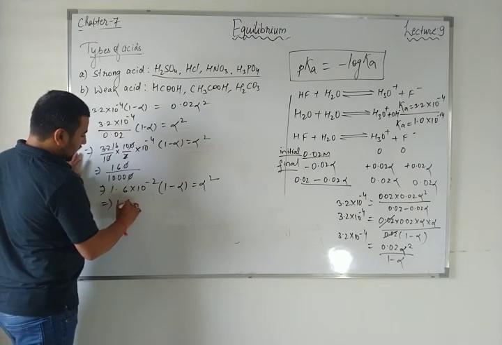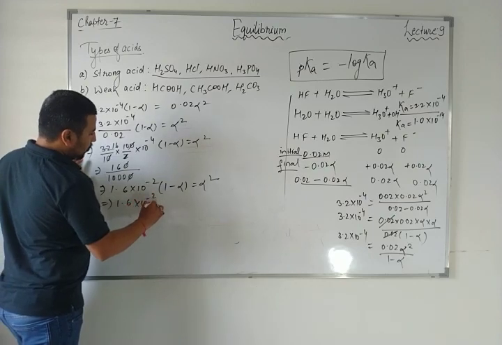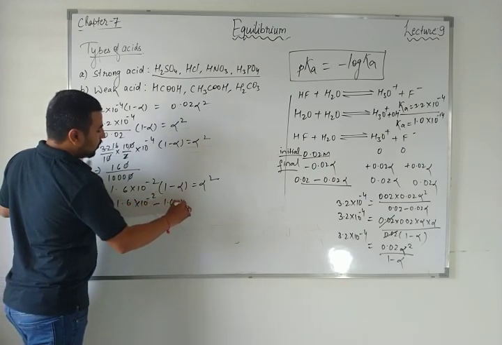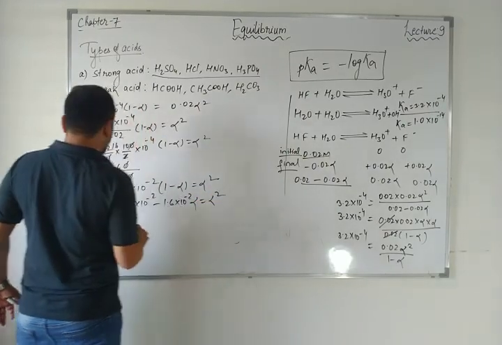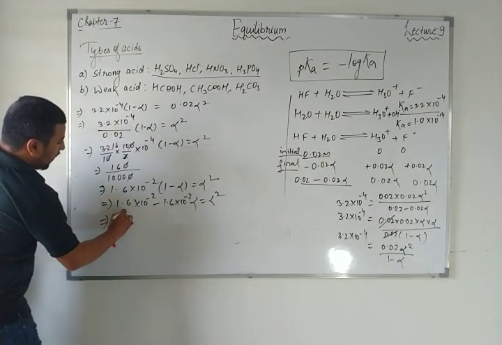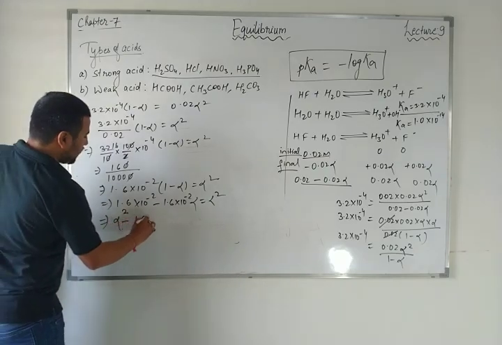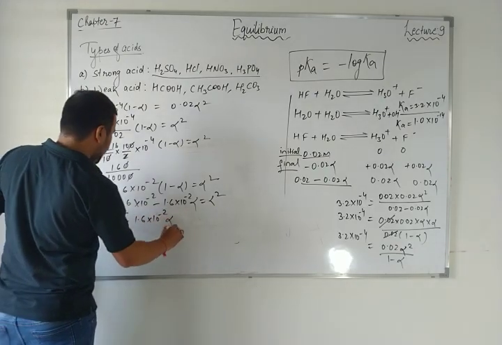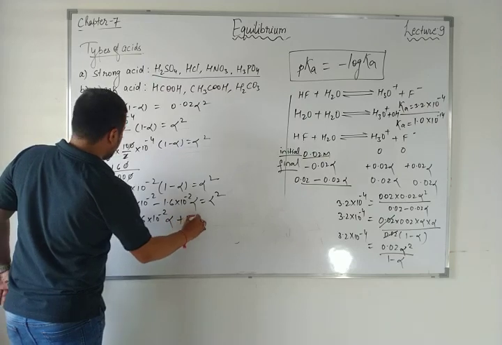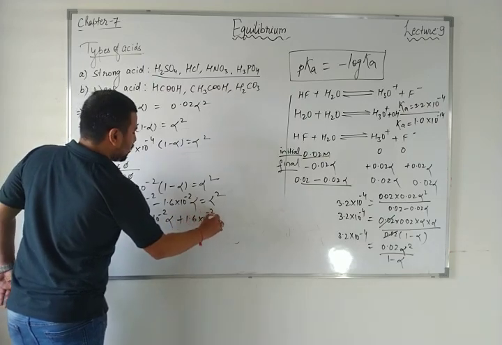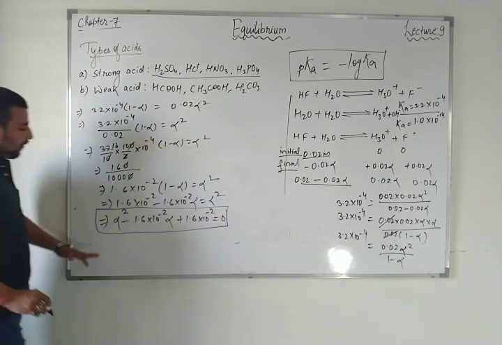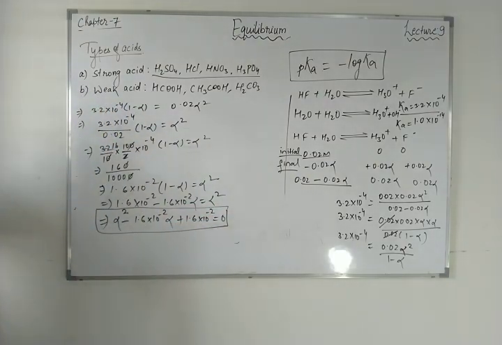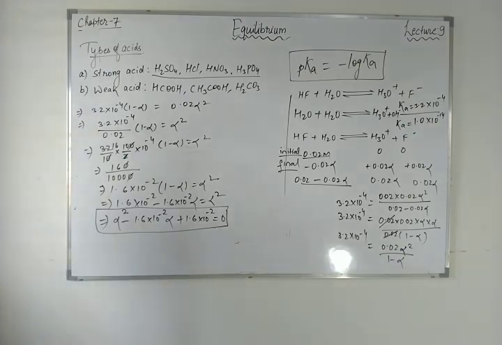So 1.6 into 10 to the power minus 2 minus 1.6 into 10 to the power minus 2 alpha is equal to alpha square, or we can write the equation alpha square minus 1.6 into 10 to the power minus 2 alpha plus 1.6 into 10 to the power minus 2 is equal to 0. So this has been created in the form of a quadratic equation, and you know very well how to calculate the value of alpha.